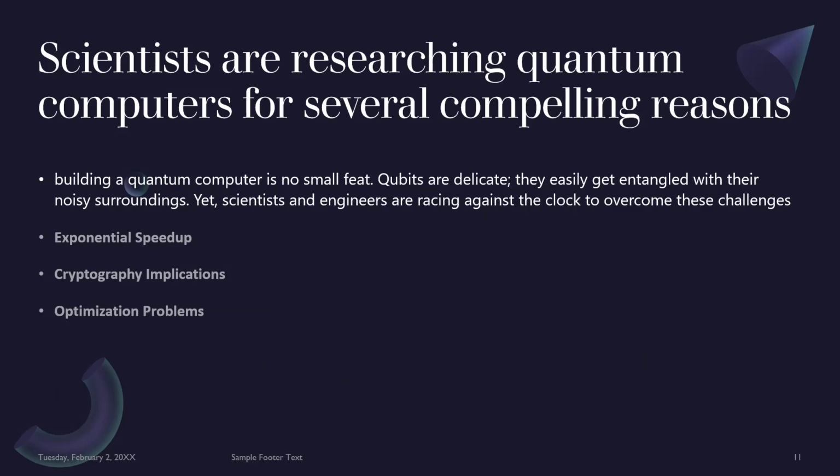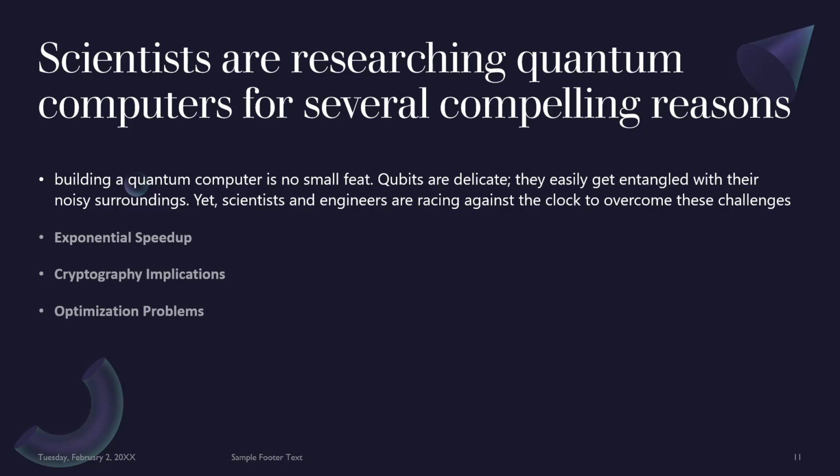And then why is quantum computing important? Scientists are researching quantum computers for several reasons. Building quantum computers is not a small field, because we have to make qubits entangled in a superposition. Qubits are very delicate, so they easily get entangled with their noisy surroundings.